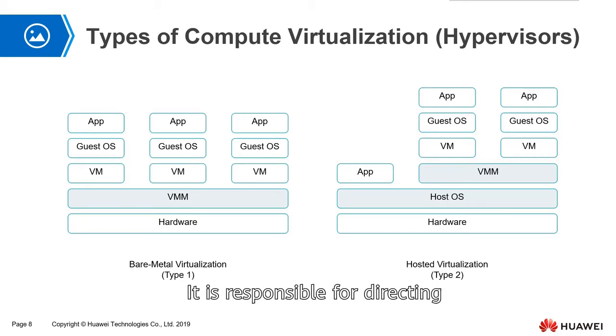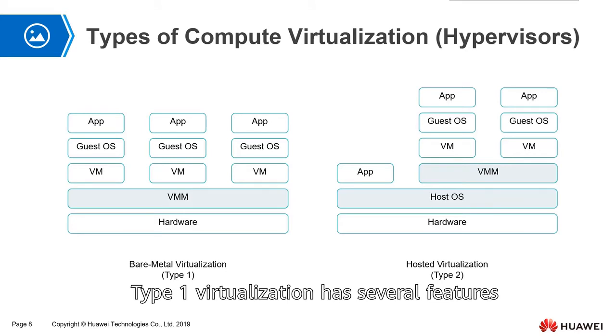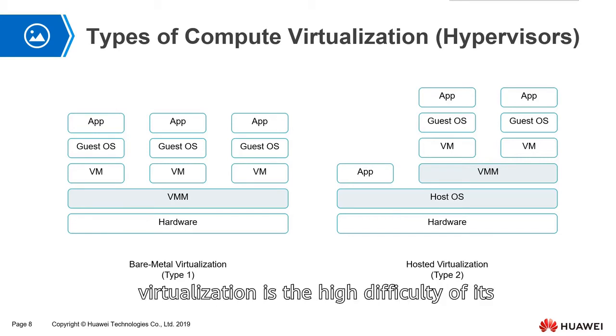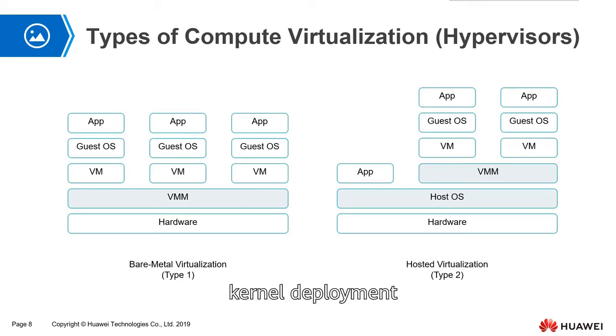It is responsible for directly docking with hardware. Type 1 virtualization has several features. Firstly, let's introduce the advantages. The virtual machine is not dependent on the operating system and supports a variety of operating systems. Secondly, a small shortcoming of type 1 virtualization is the high difficulty of its virtualization layer kernel deployment.